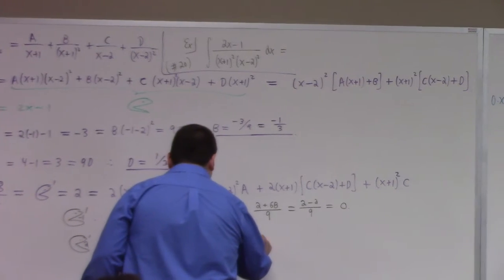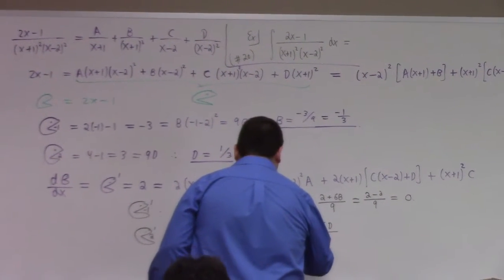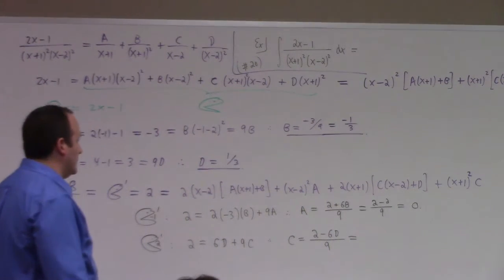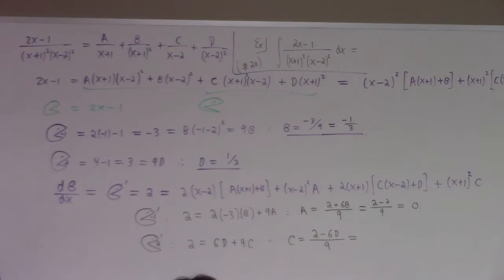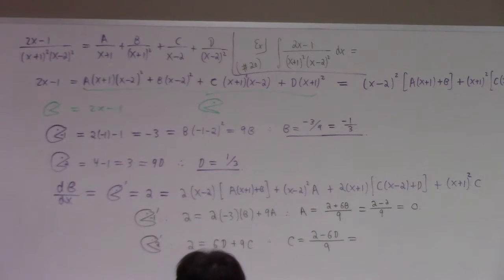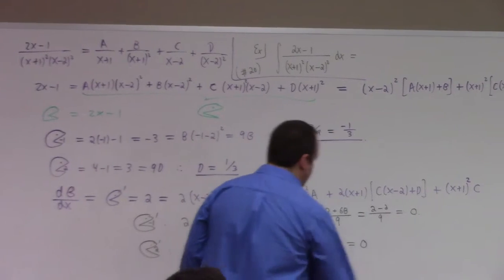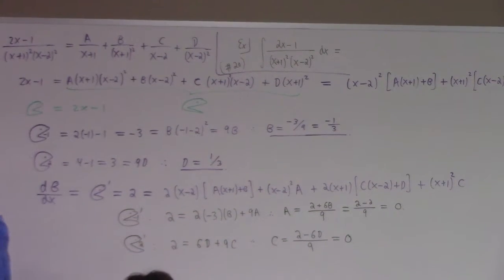C is equal to 2 minus 6d over 9. What was d? Is it 0 again? 1/3. 6 over 3 is 2, though. It's 0 again. Well, this is very unsatisfying, but there it is.